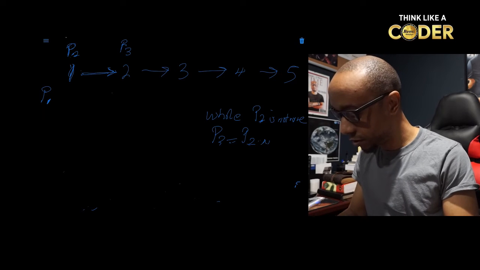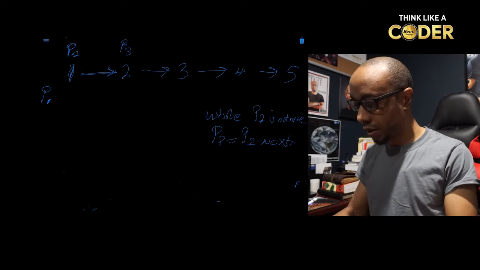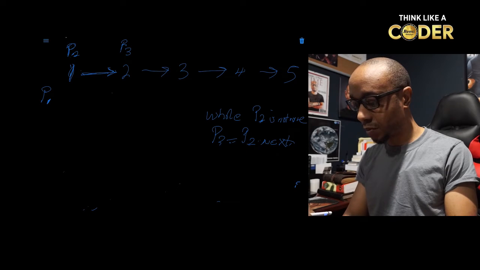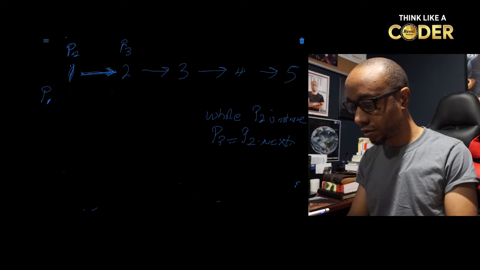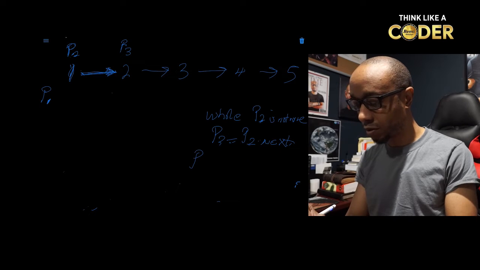Let me write this properly, p2.next. So P3 every time will be the next node after p2. Then this pointer will have to point back to what it was, to the previous pointer.